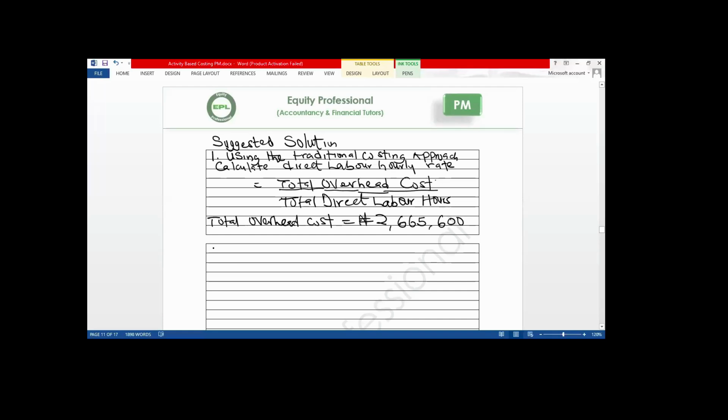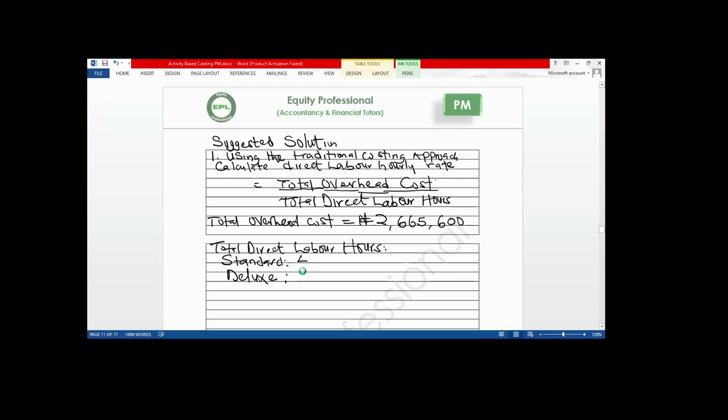Then we need to calculate total direct labor hours. We have 2 products: standard and doulos. Now, please check the question. What is the labor hour per unit of standard? 4 hours.